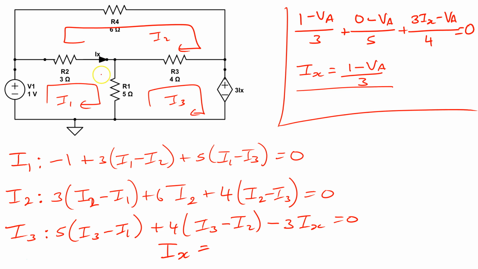So here I see Ix is a combination of I1 in this direction and I2 in this direction. So I could simply say Ix is I1 minus I2. And now I have 4 equations with 4 unknowns, and I could solve it.